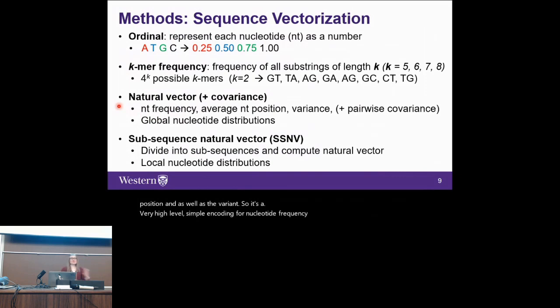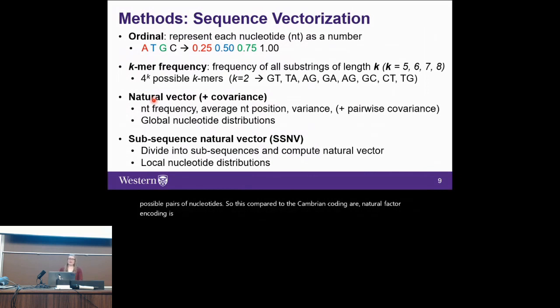There's also an extension of that which includes covariance. Natural vector with covariance introduces additional features representing the pairwise covariance between all the possible pairs of nucleotides.